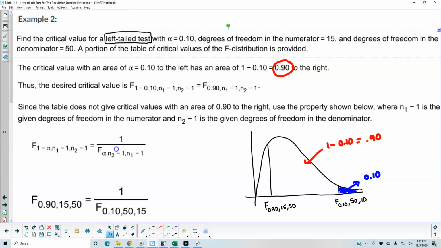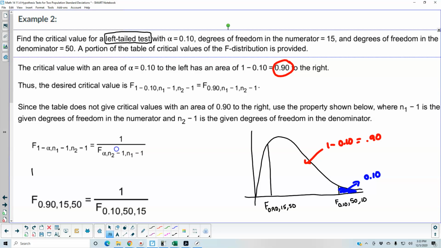In order for us to determine how to go about this, you can see this is the formula. Since the table does not give critical values with an area of 0.90 to the right, we're going to use the property shown below.